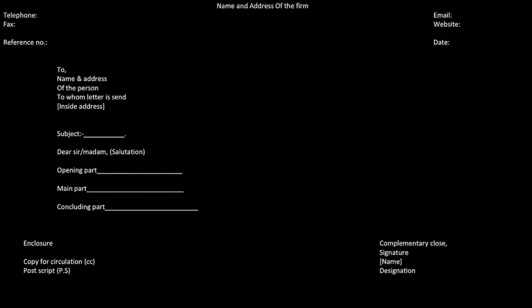And then is the concluding part. In the concluding part or in the last paragraph, you have to write about your expectation, about your hopes from the reader. For example, you may say reply as soon as possible. So that is your expectation from the reader. So in this way, you have to write the opening paragraph, main paragraph, and then concluding paragraph of the letter.